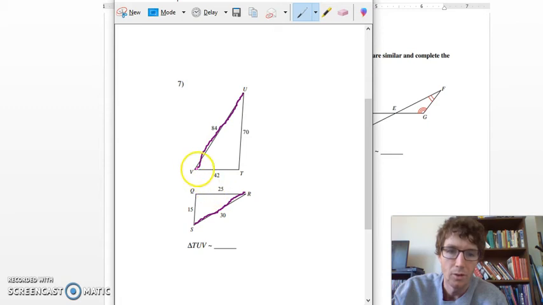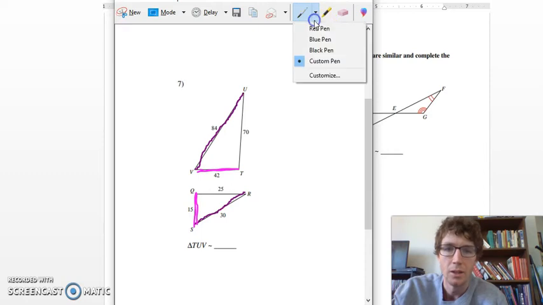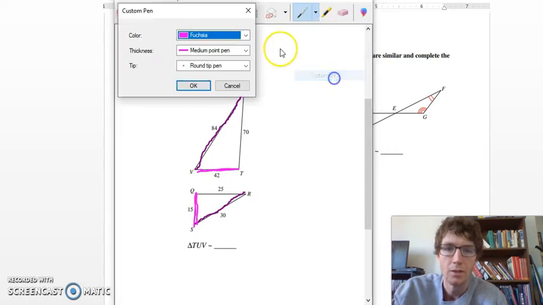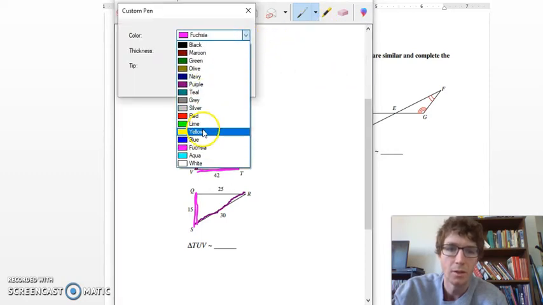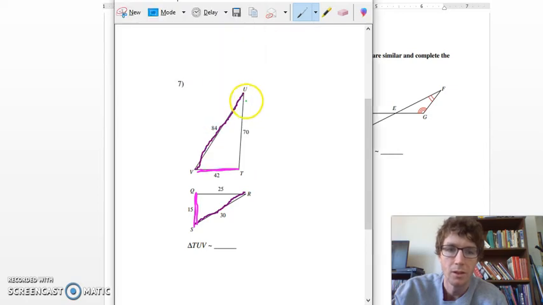Now the shortest side is the 42 on this triangle, so this side would match the 15 over here. And then the last one, let's make it green. This side right here would have to match this side right here.